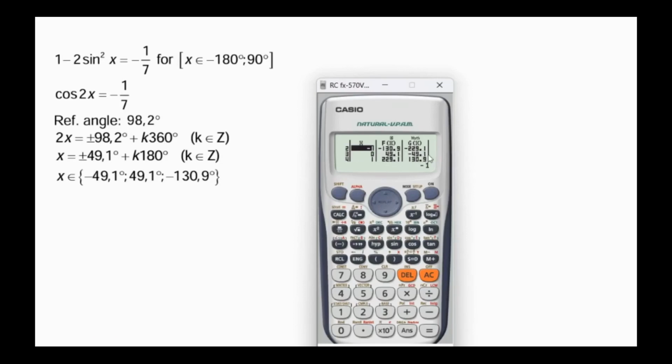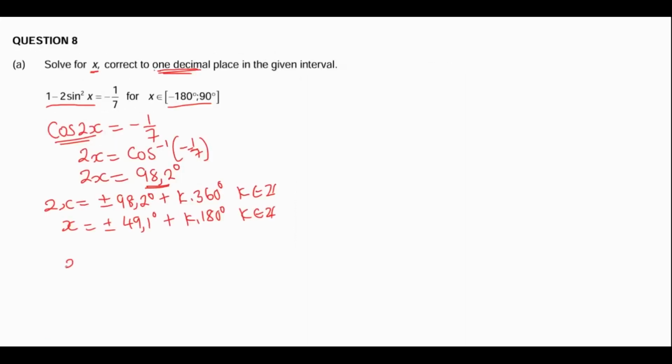X is equal to negative 49.1 degrees, 49.1 degrees, and negative 130.9 degrees. These are the x values in the given interval.